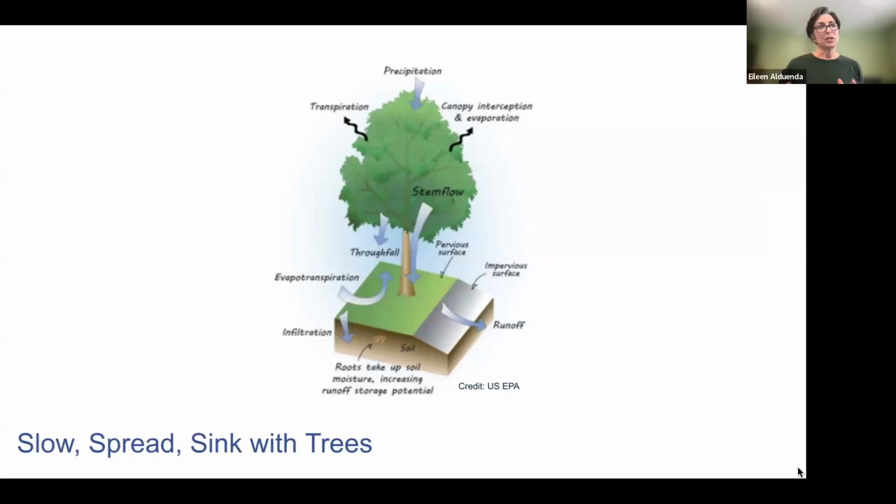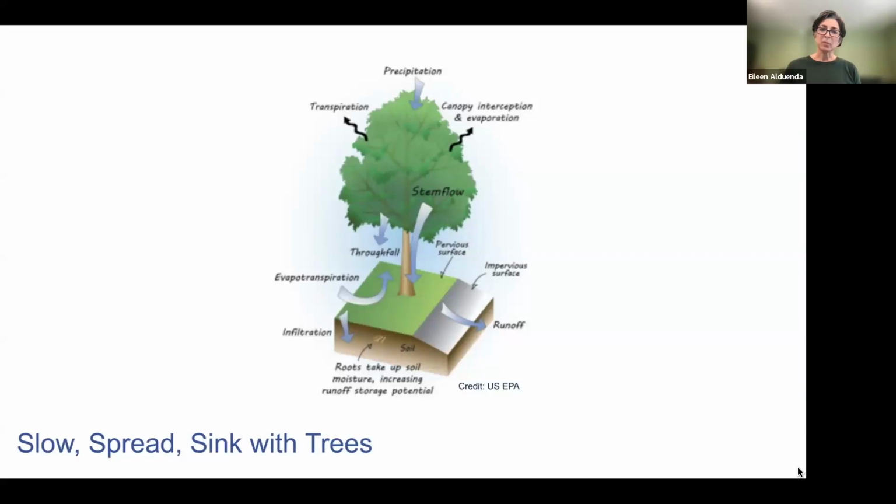And one strategy, so I'm going to go through some strategies of how it's being done on schoolyards. One important strategy is trees. And this is nothing new. The benefits of putting trees on school campuses really are important opportunities because they start to help reconnect us to that natural hydrologic cycle where we're increasing the absorption of the rainfall in the soil.